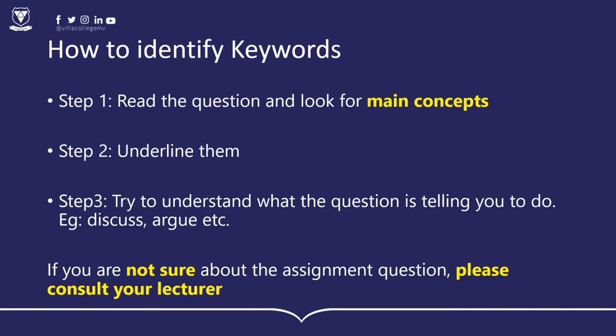The first step is to read the question and look for the main concepts. Second step is to underline them. The third step is to try to understand what the question is telling you to do. Different assignments are designed for different purposes, and it is advisable to consult your lecturer if you are not sure about the assignment question.